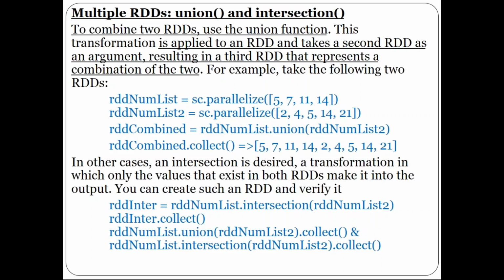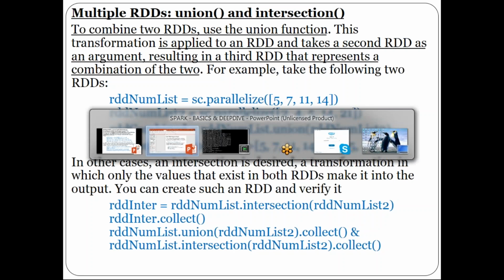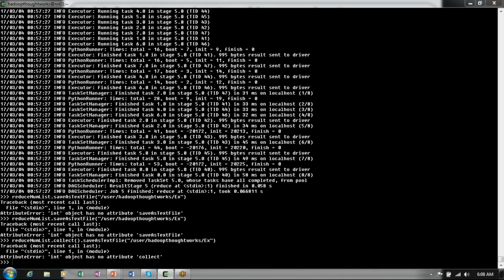One thing you need to understand is, if you want to union, just apply union on one dot union of second. If you want to apply intersection, one dot intersection of two. You need to understand how to apply it. Let me show that. It is fairly simple, but you tend to get confused.